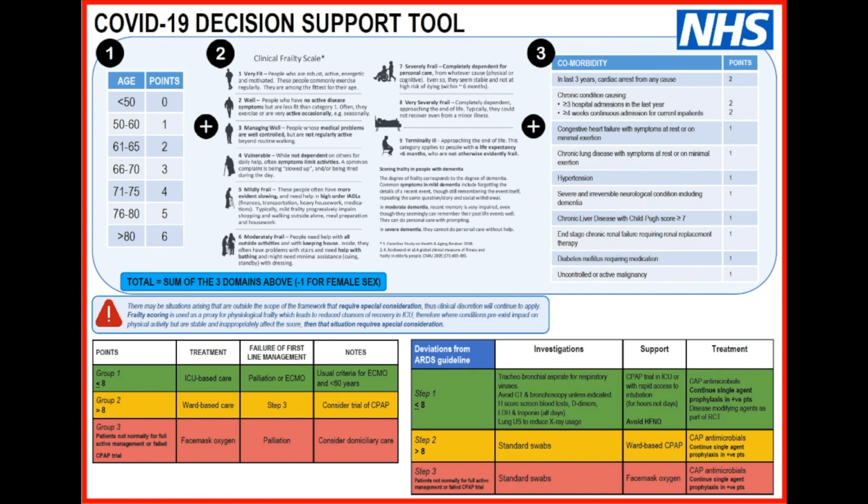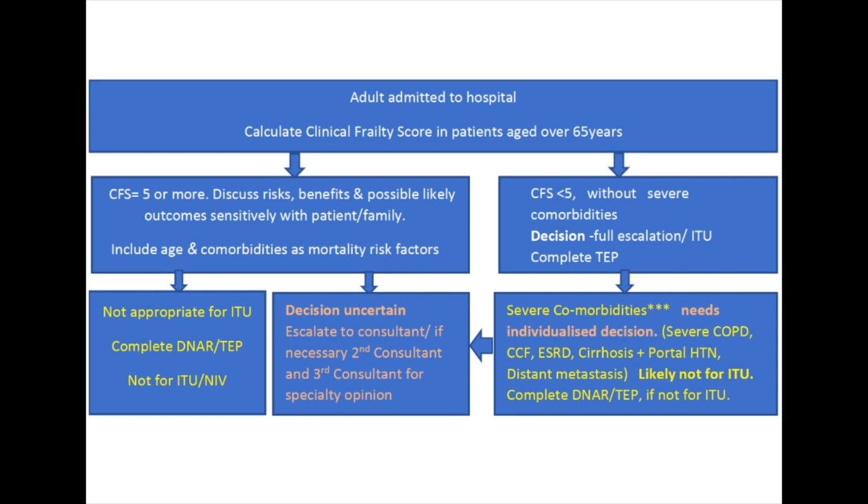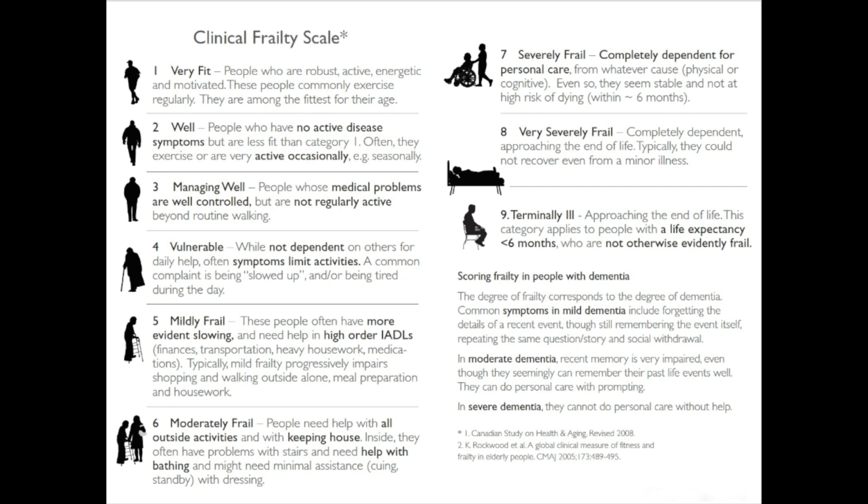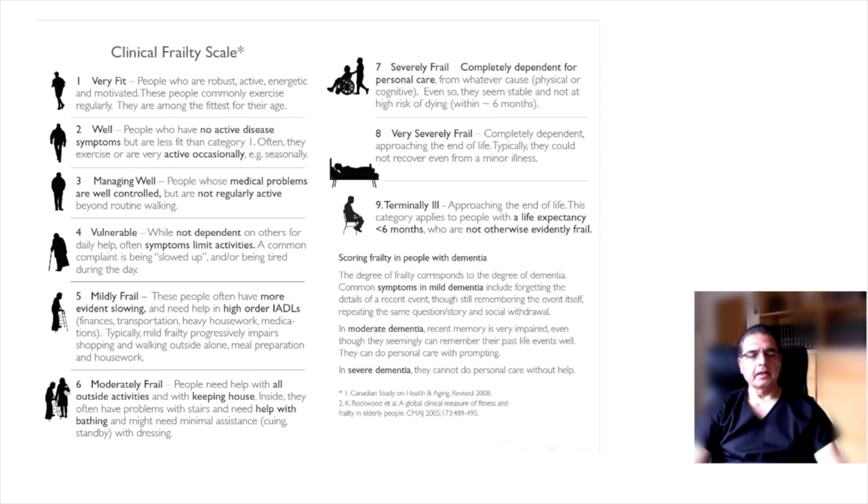So to start the process, first of all, calculate the patient's clinical frailty score. The clinical frailty score consists of 9 scales, from scale 1, which is a very fit and healthy person, to scale 9, which is a terminally ill patient.